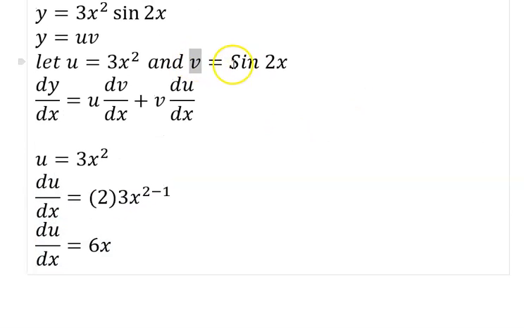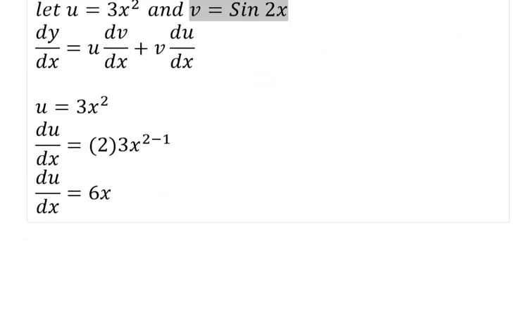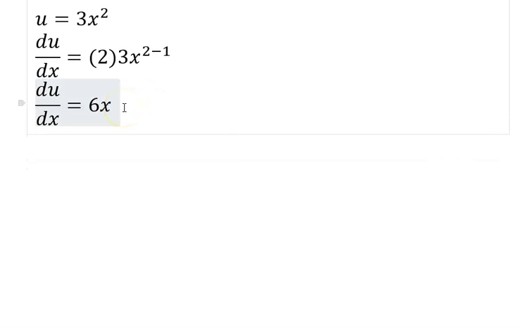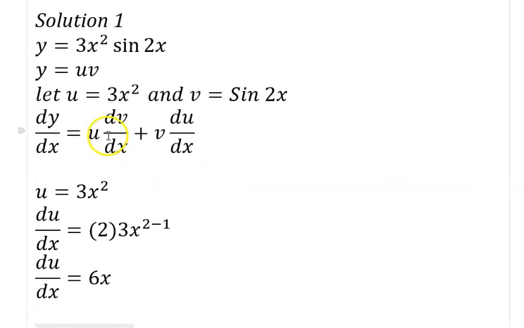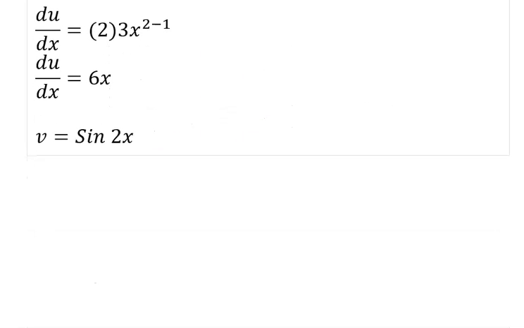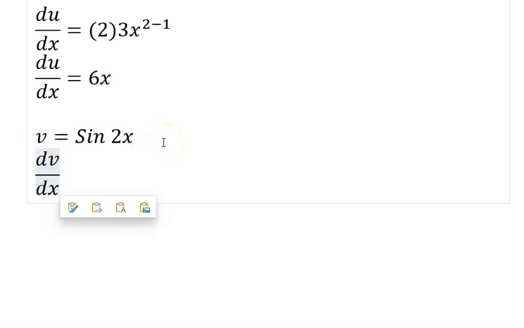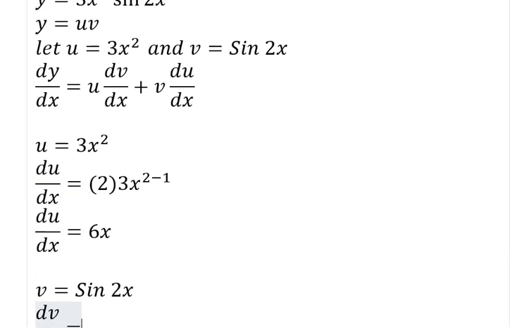We're able to say our v is sine 2x. So our dv dx will now equal, differentiating sine 2x, let's look at our derivative.